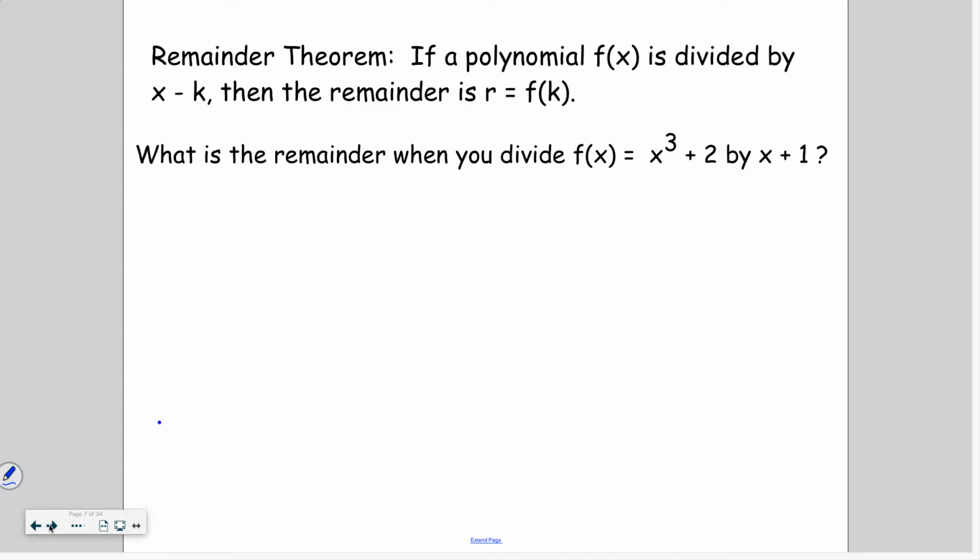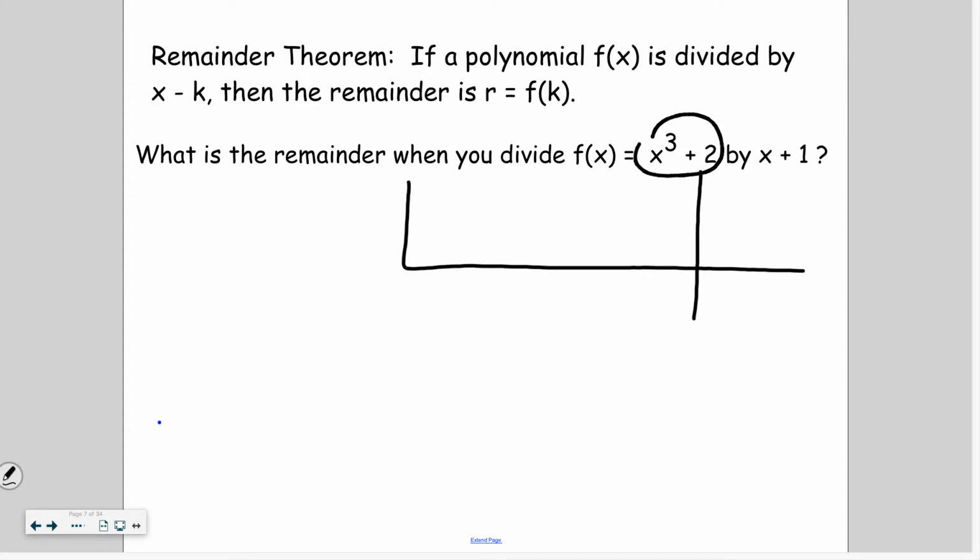The remainder theorem. If a polynomial f of x is divided by x minus k, then the remainder is r equals f of k. What is the remainder when we divide x cubed plus 2 by x minus 1? Again, let's do synthetic division. The only problem with this one, don't forget, we're missing some terms, so we've got to fill them in there, okay?